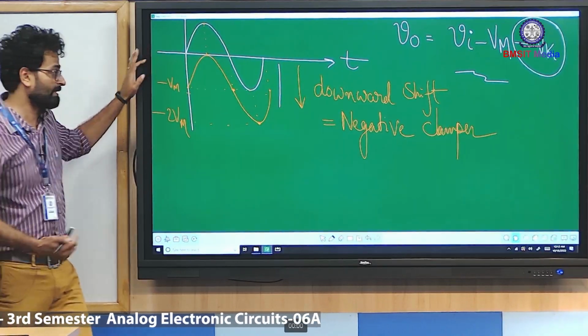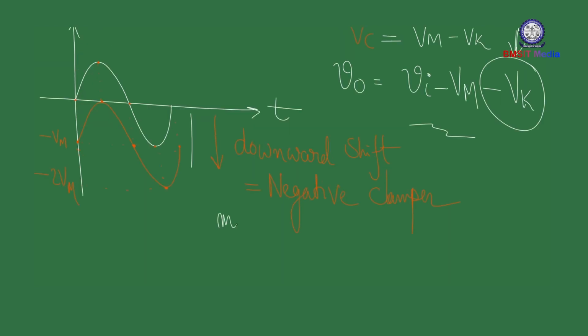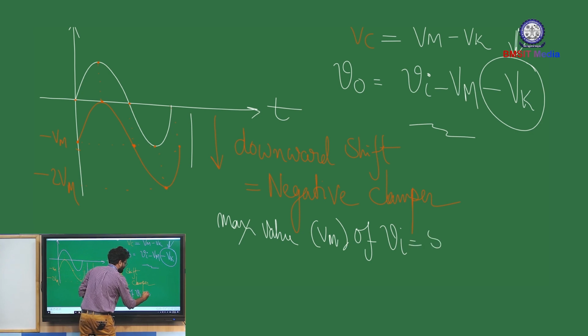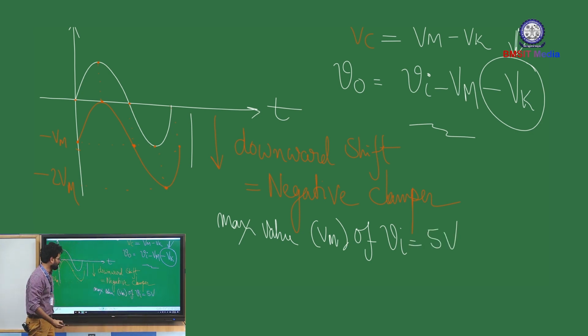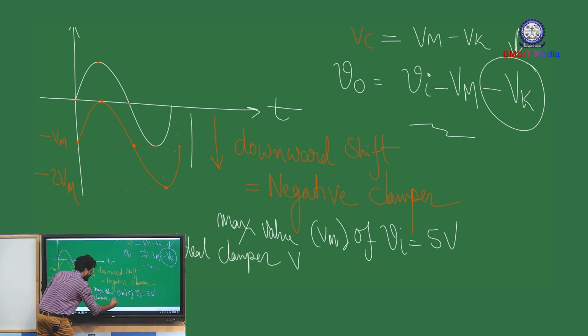For example, let's say the maximum value of the input, which is nothing but Vm of Vi, is 5 volts. In the case of an ideal clamper, if you calculate Vc, you will get Vc equal to Vm, and Vm is 5 volts, so the capacitor is going to get charged to 5 volts.